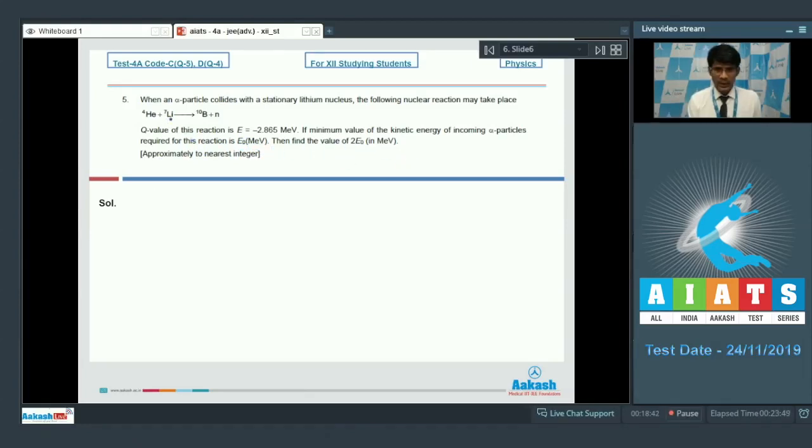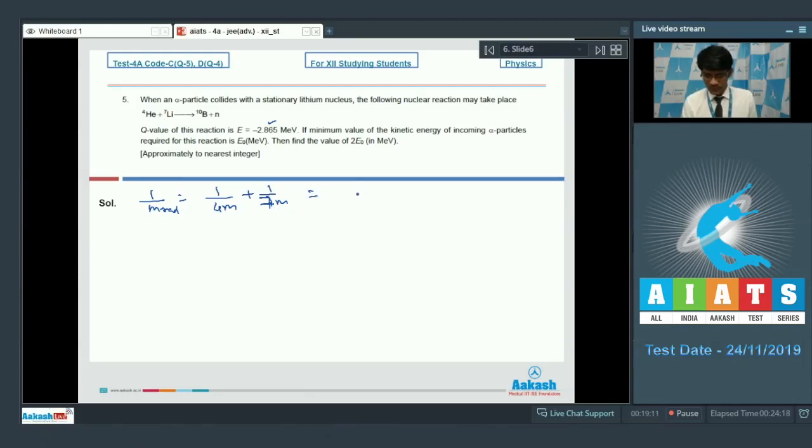Well, here we can say that for these two systems, energy with respect to center of mass of these two systems must be at least of that much of the magnitude, which is given here as 2.865 mega electron volt. So first I would say 1 by reduced mass of these two systems will be taken as 1 by 4m plus 1 by 7m, where 4m I'm taking this to be as the mass of helium nucleus, and 7m to be of lithium.